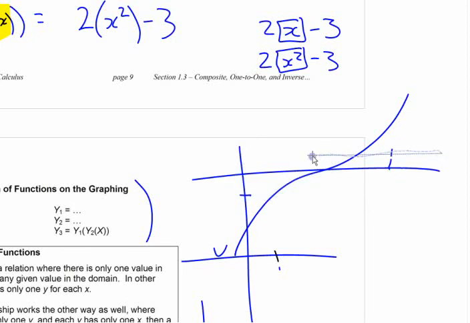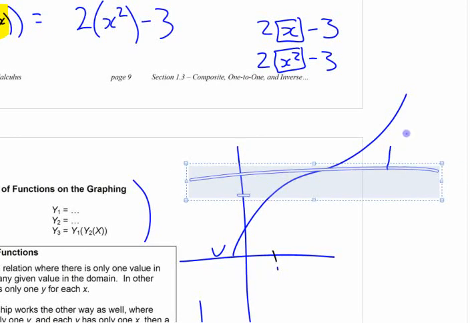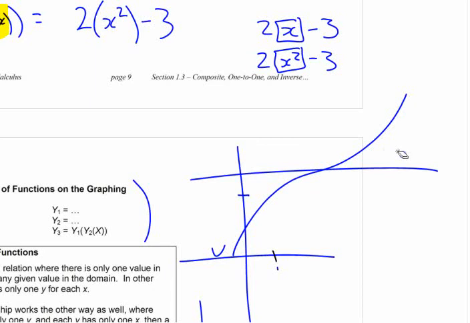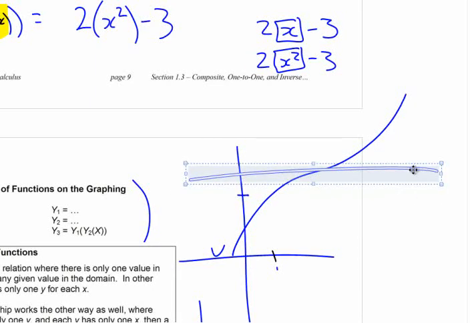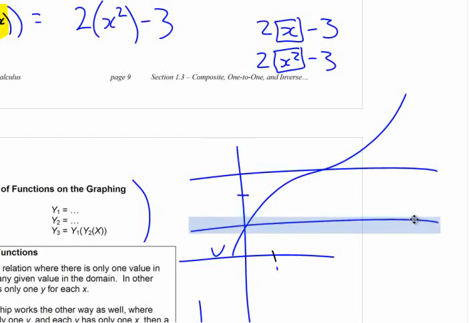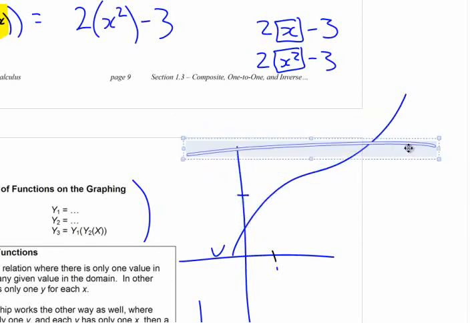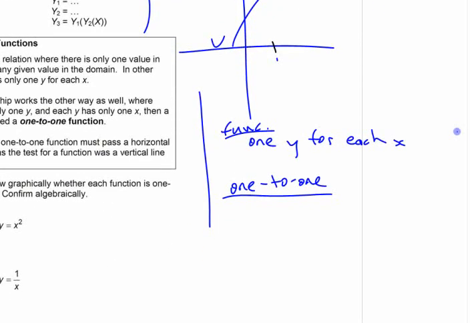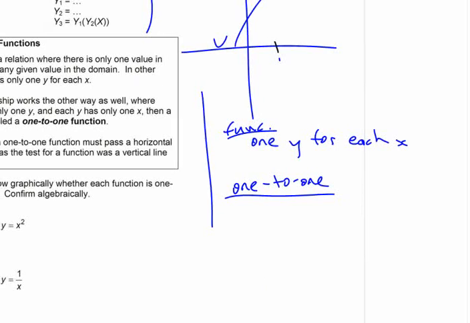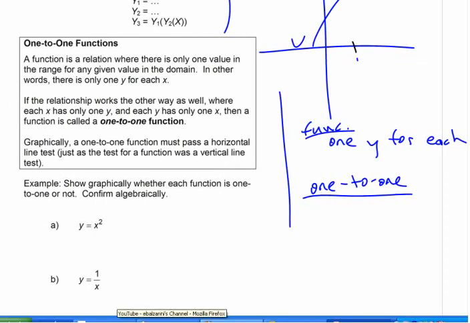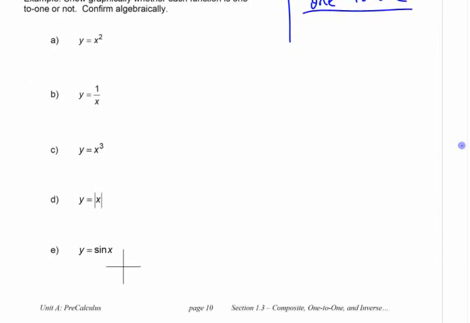It's only going to cross it once. Anywhere you put that line, it's only going to cross the thing once. That one is one-to-one. It's just a term to use if you happen to read it in the book or something, just so you know what a one-to-one function is. There's a few different functions down there. You can decide for yourself afterwards whether they're one-to-one functions or not.